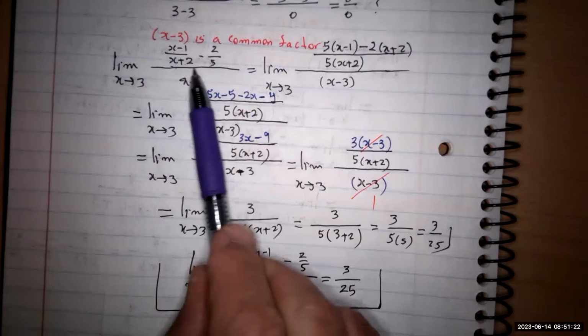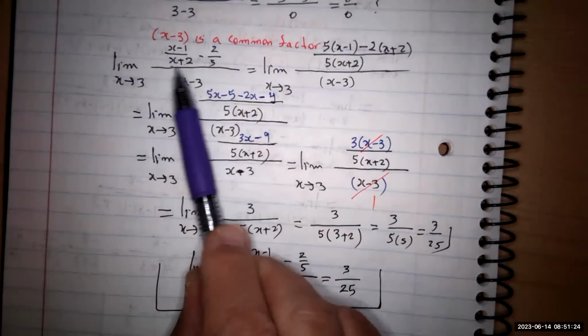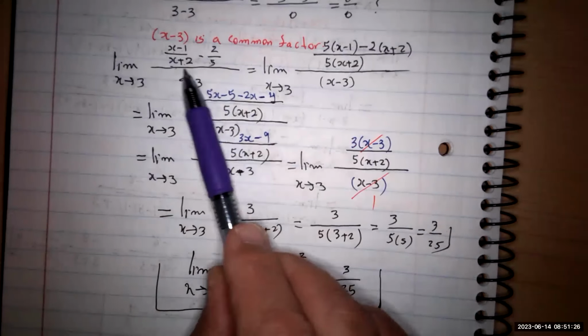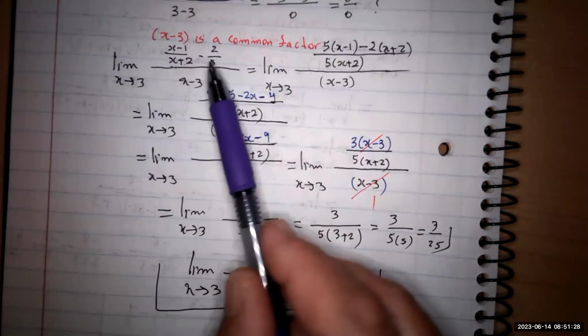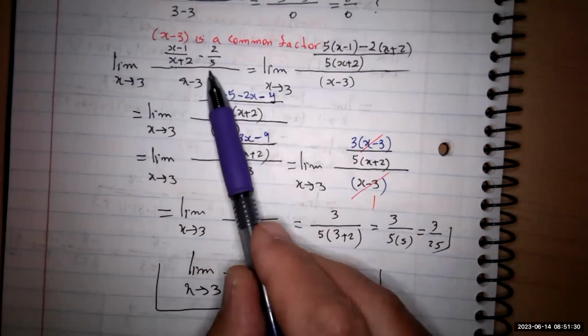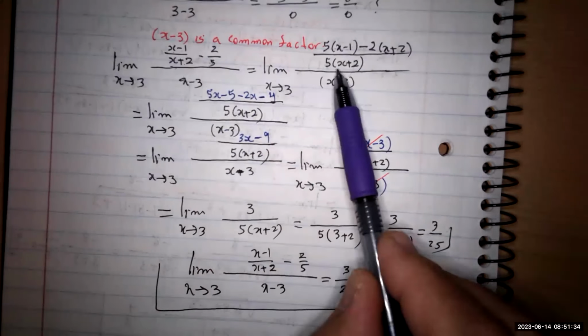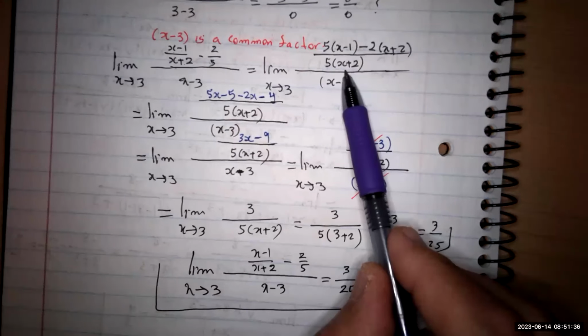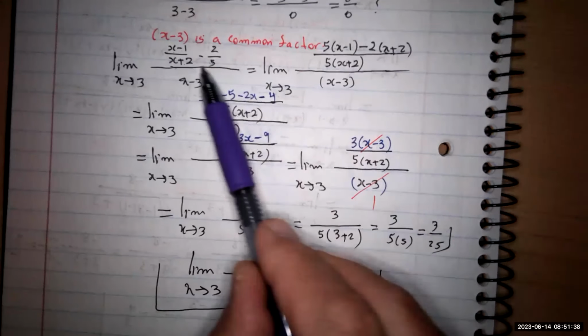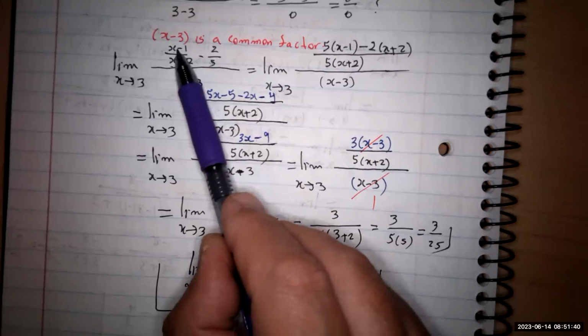You see, this is just a subtraction of 2 fractions. If you want to subtract 2 fractions, the way we do it, we need to have the same denominator. Okay, so it's a common denominator, which is 5 times x plus 2. Then you multiply the top by the missing part.